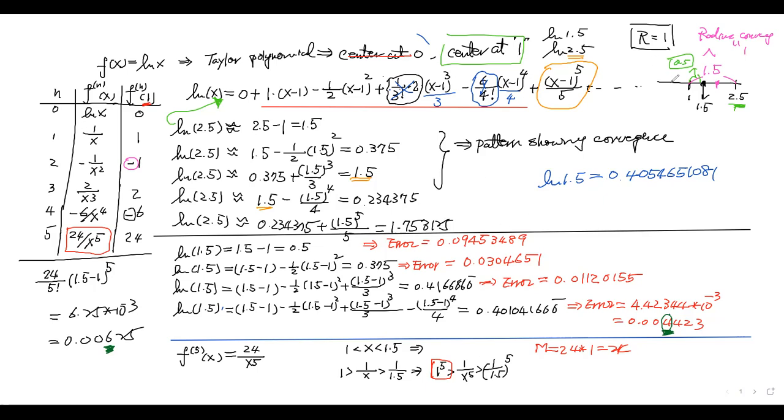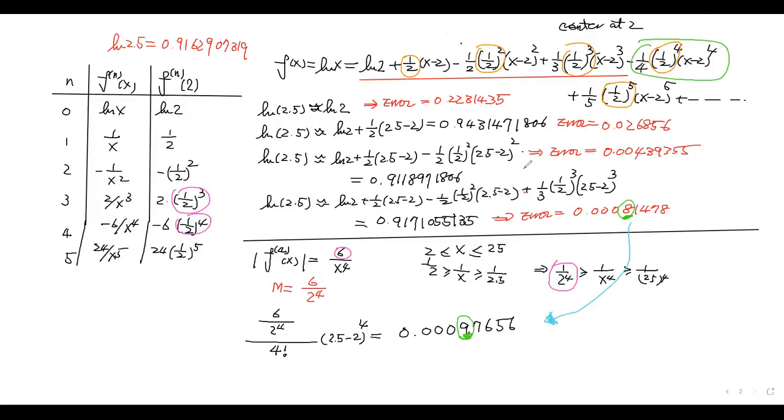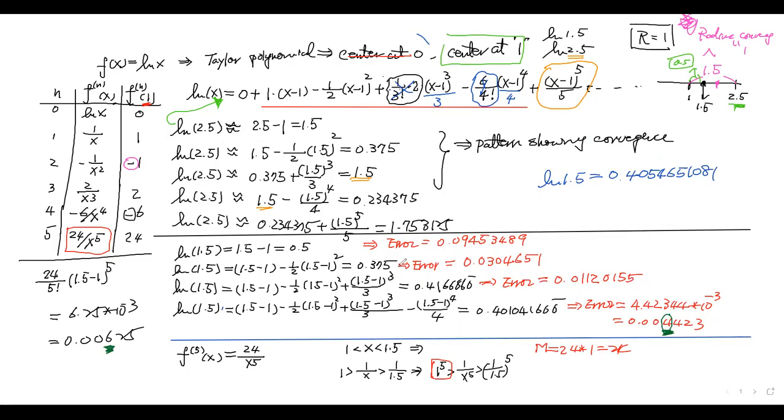So this is why we said the radius of convergence is very, very important, right? The value you can estimate has to be within the radius of convergence. So like here, the first time we showed why 2.5 doesn't work by using the center at 1. So you need to choose a different center here. The different center may make the calculation a little bit tedious, but it will work.